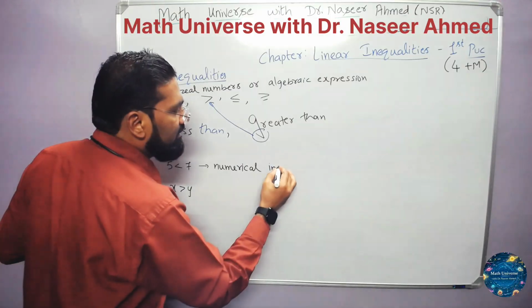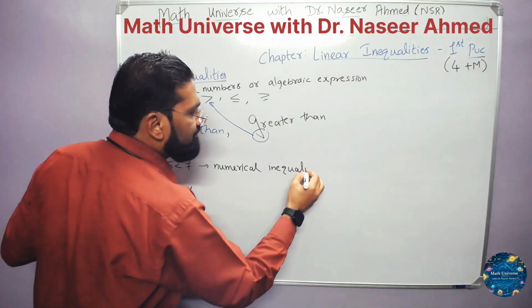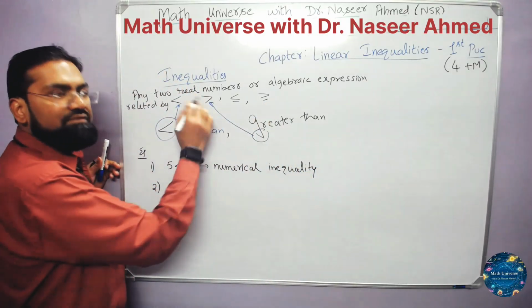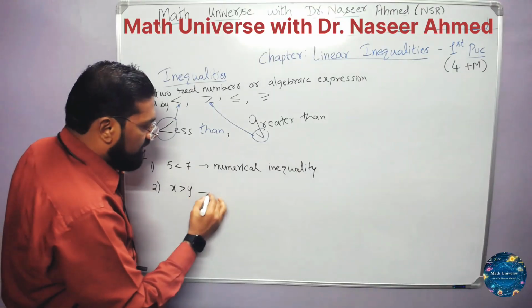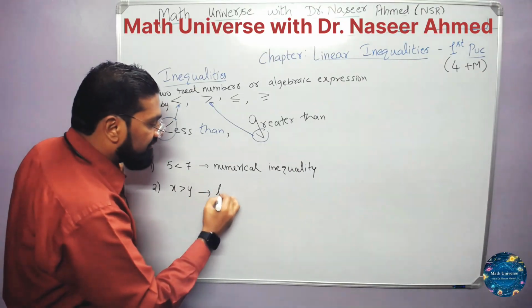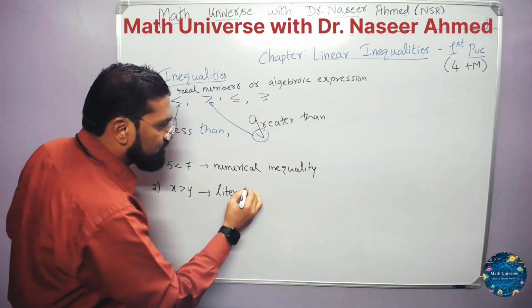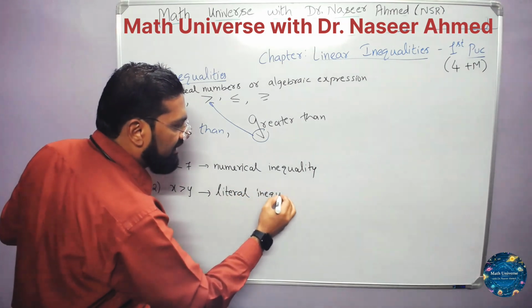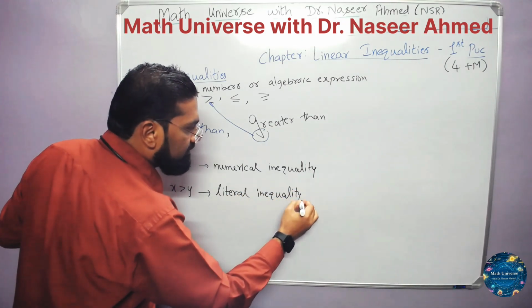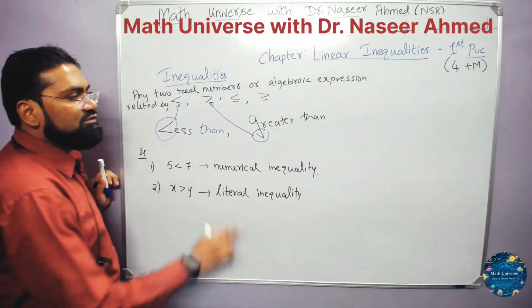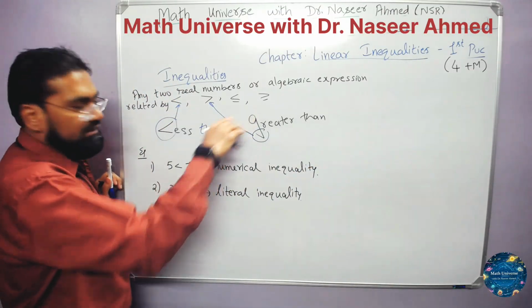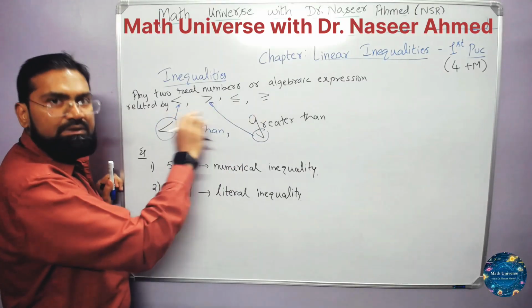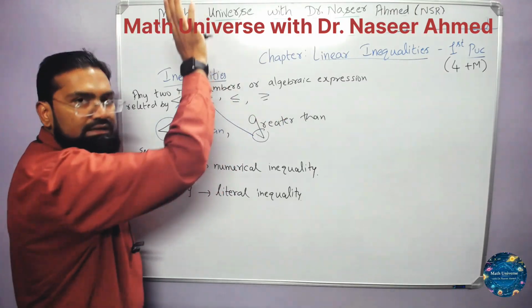But here you see alphabets, so this we call literal inequality. For a one marker this will be very useful. I have not used the word inequalities because we have only one inequality. Whenever I have more than one, at least two, then we say inequalities.